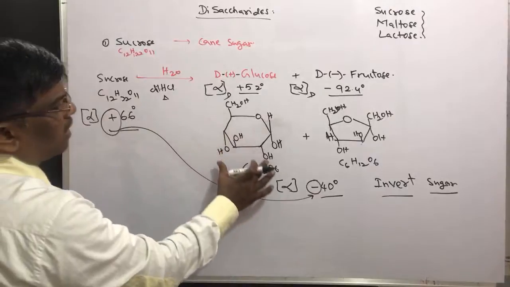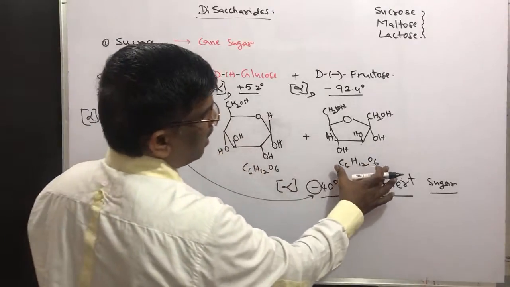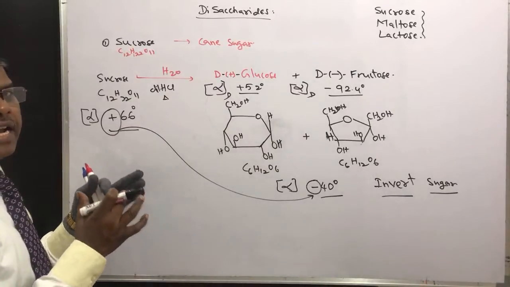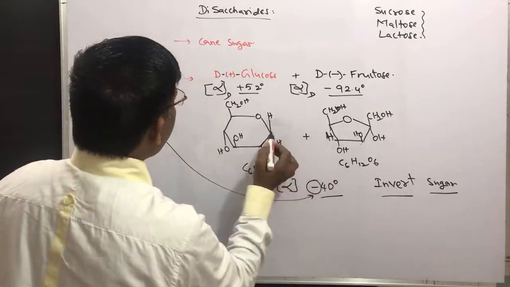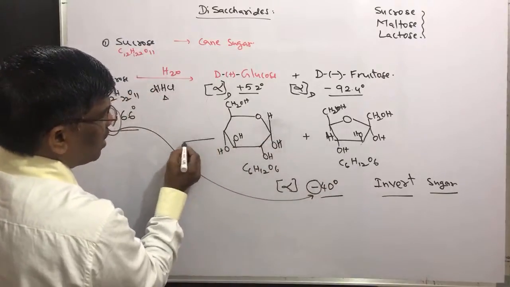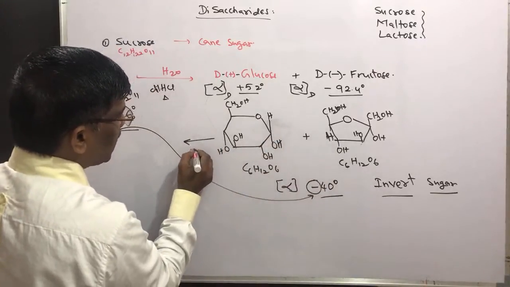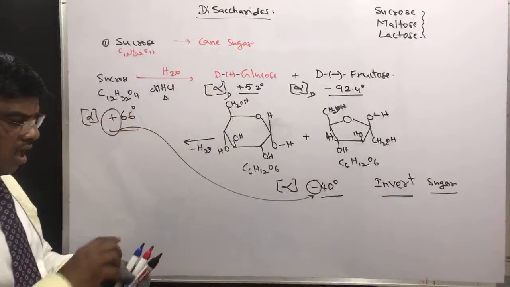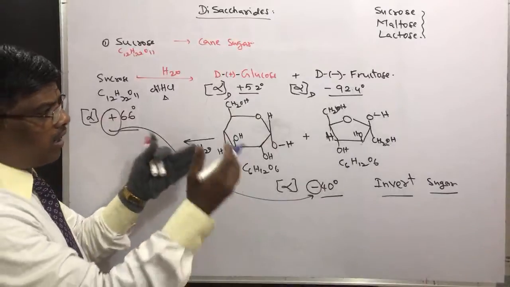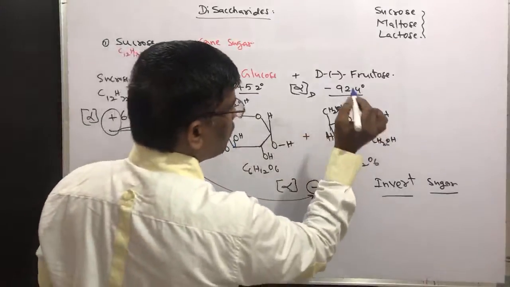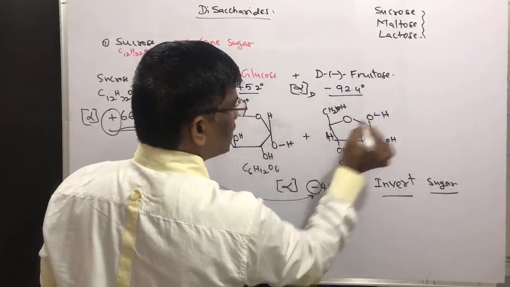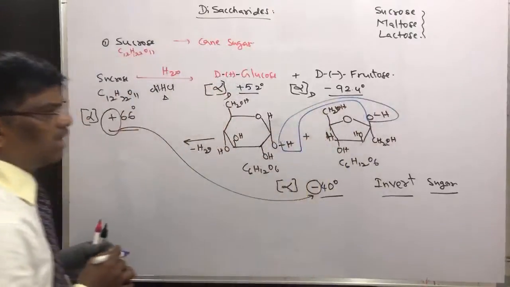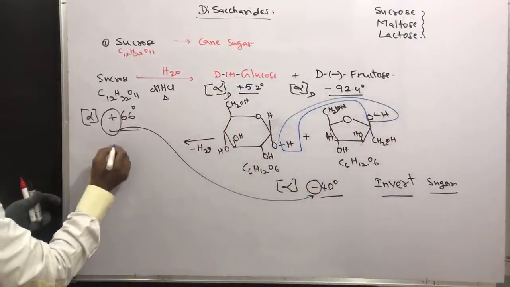So this alpha D glucose and alpha D fructose, how are they going to combine or link? The reverse reaction is what is going to happen. It is going to lose water and form a bond. Upon heating, upon combining, it is going to lose water to give sucrose back.